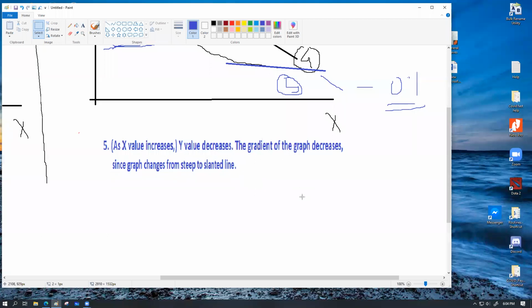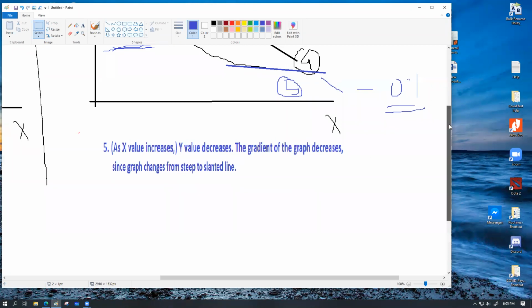I messed up the timing procedure, but bear with me. Have a look. The description reads: as X value increases, Y value decreases.